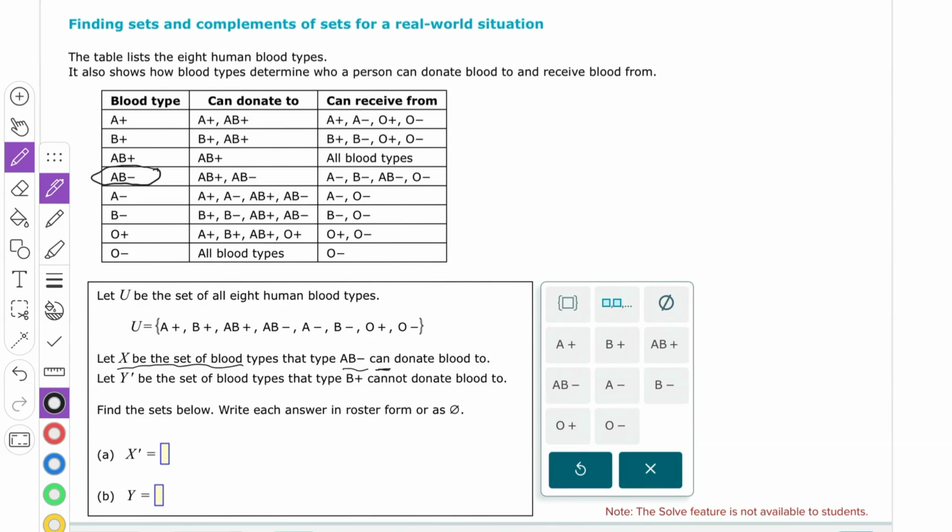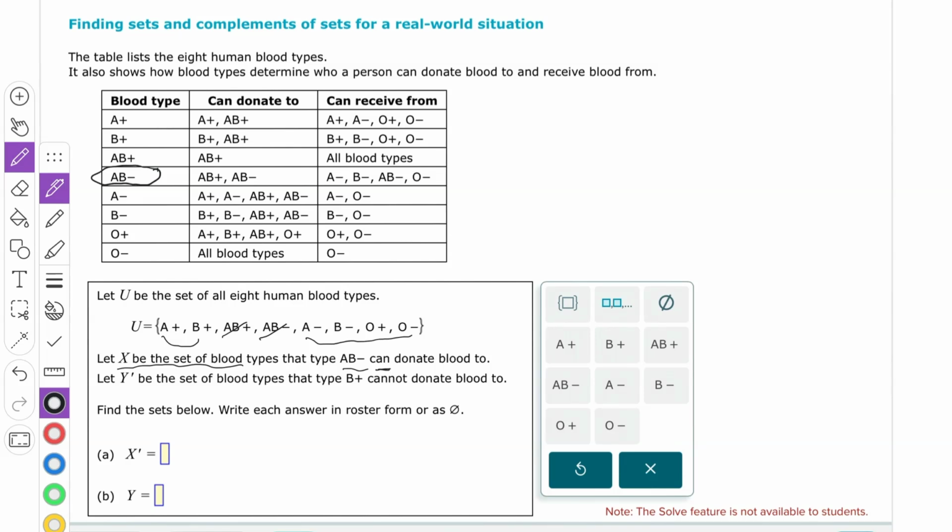And if I want the complement of that, then I have to choose anything in the set that AB minus cannot donate blood to. So if these are the ones I can donate to, then I would cross off AB plus, AB minus, and then everything else in the set would be the ones that AB minus cannot donate blood to, because that is what we're trying to do.